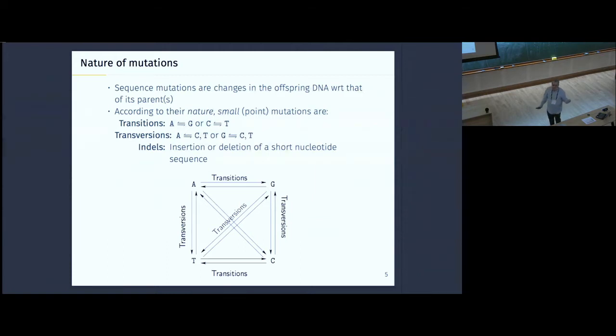So we know that on a chromosome, you have a DNA molecule, and the DNA molecule is a very, very long sequence written in an alphabet of 4 letters, the 4 nucleotides, A, C, T, G. Usually, these sequences are transmitted more or less identically from parent to offspring.